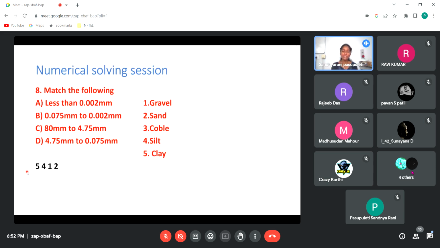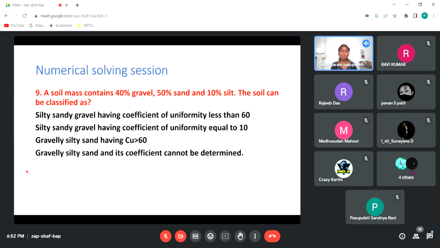Because if you see the next problem, they will not mention what is the size of gravel, sand or silt. For example, in the ninth question, a soil mass contains 40% of gravel. If somebody says 40% of gravel, you have 100%, let us say 100 kgs of total soil. In that, 40 kgs of soil is retained on the gravel sieve.